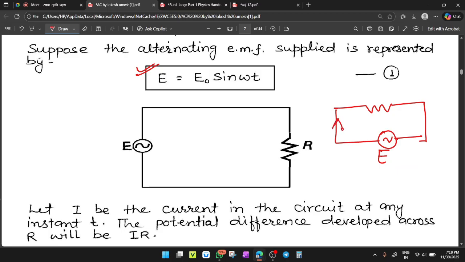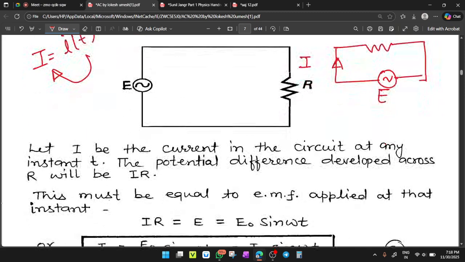Now, when you connect the alternating supply here, there will be a time varying current. Okay. Let I be the time varying current in the circuit at any instant t. So the potential difference developed across R will be I into R, because at any instant the current will be fixed.